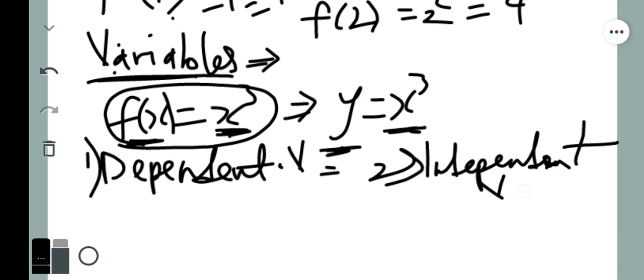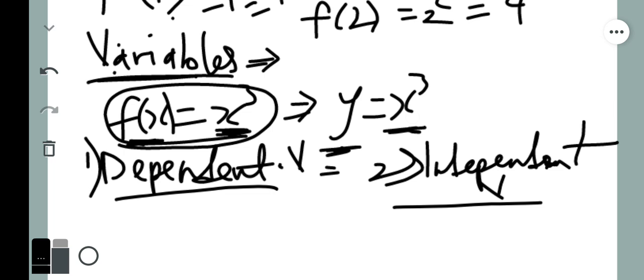So what is dependent, which is the major thing we are looking at here, and what is the independent variable? In this function, f of x is a variable which can be written as y, and x cube is also a variable. What is a dependent variable?